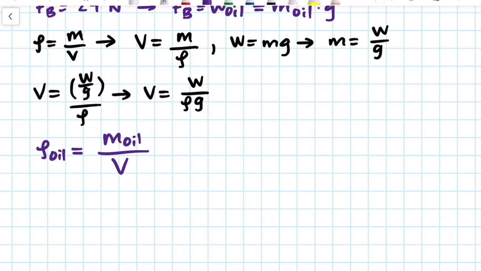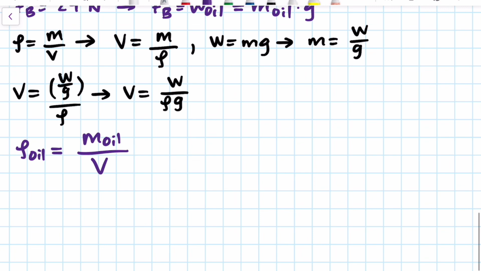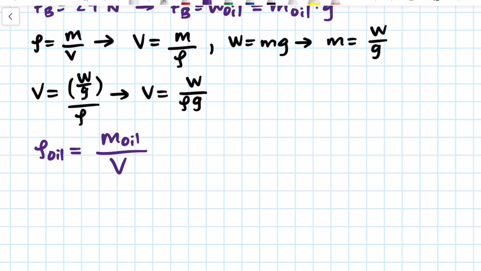So now we can say the density of the oil is equal to the mass of the oil divided by the volume. Even though we're going to use the quantities from the object.